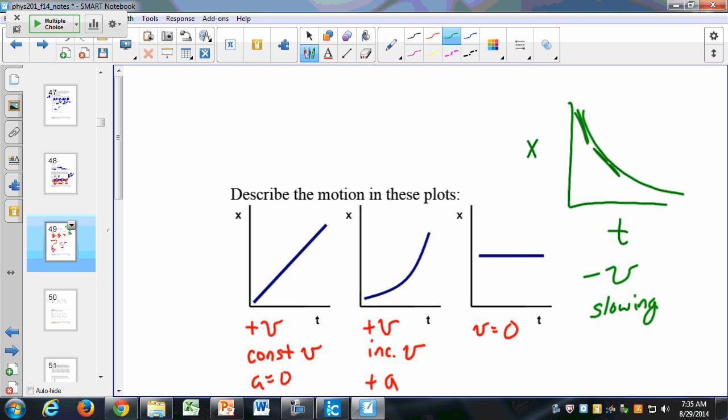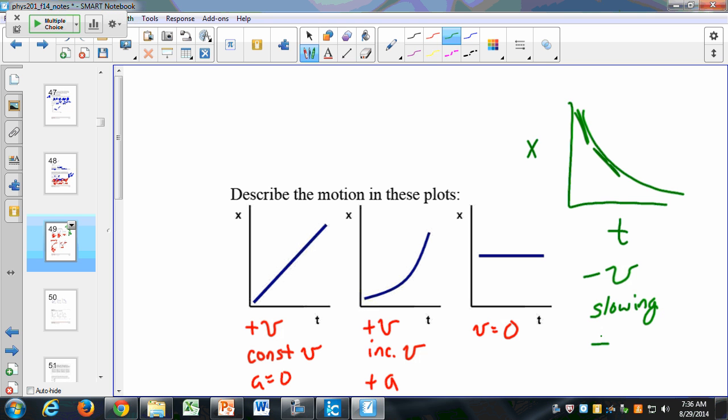What do y'all think? I'm hearing all sorts of answers. Remember, when the velocity and the acceleration are in the same direction, it speeds up, right? The speed increases. When they're in opposite directions, it slows down, or the speed decreases. So what is the sign of the acceleration in this case? It's positive, right?